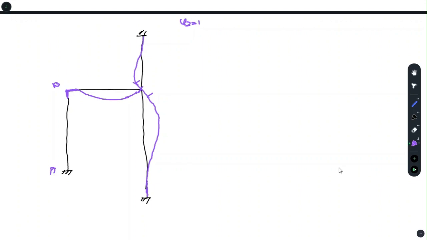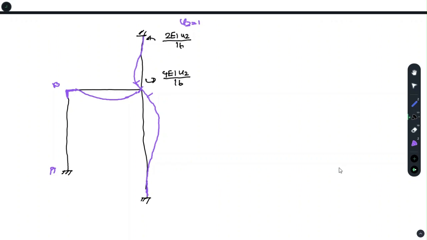So what are the moments and reactions? Let's find out. Here we have applied an anti-clockwise rotation, so all the moments will be anti-clockwise. Here the moment will be like that, and this value will be 4 EI U2 over L. Here the L was 16, and this moment will be half of it, which is twice EI U2 over 16.